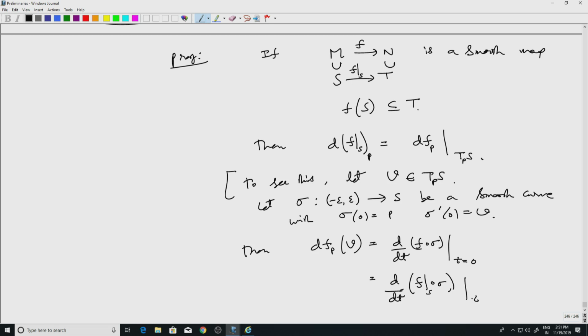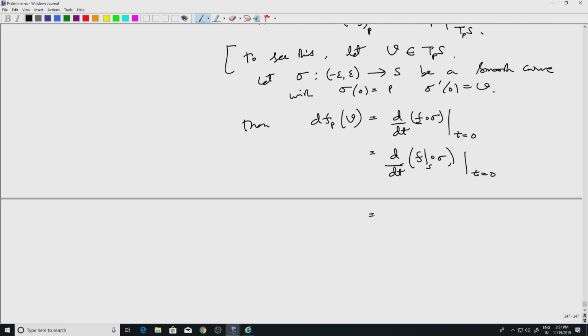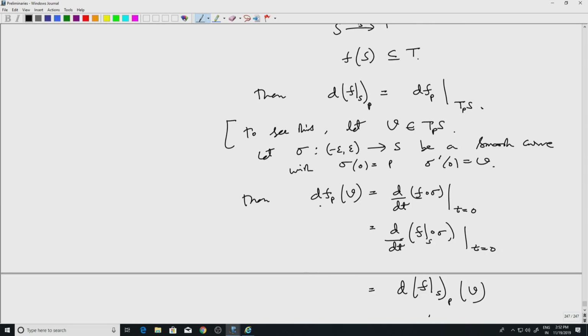And this thing here again, using the fact that the action of the derivative on a tangent vector can be interpreted in terms of what it does to a smooth curve, is the same as d of F restricted to S at the point P acting on V. So this is equal to this, which is what we wanted to prove.